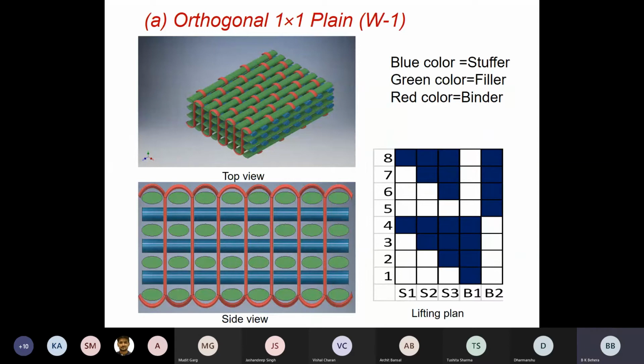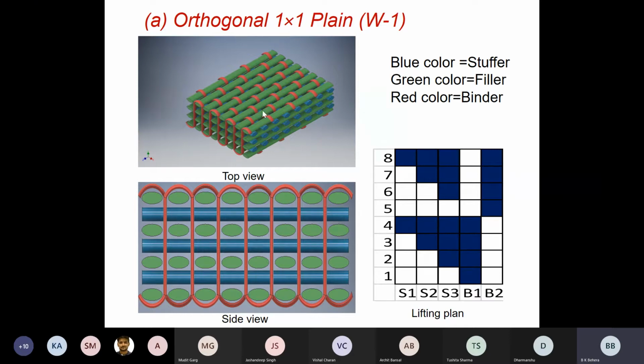Then I will show you another example. What is the role of weave design as far as structure and property of these 3D orthogonal fabrics are concerned? First thing, try to understand. In the picture you see, this is a 4-layer orthogonal fabric, produced using plain weave.